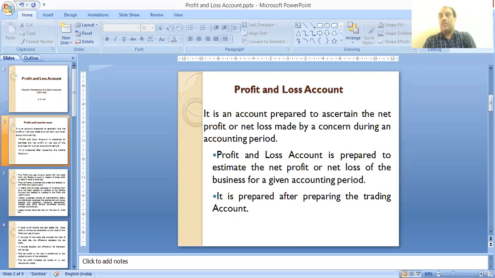There are two types of costs, direct and indirect, direct income and indirect income, direct revenue and indirect revenue. In the trading account, all direct income, direct costs and revenues are taken. Here in the profit and loss account, indirect revenue and indirect expenses are taken. We will discuss it later on. So the profit and loss account is prepared to estimate the net profit and net loss, as I have told you, and it is prepared after preparing the trading account.